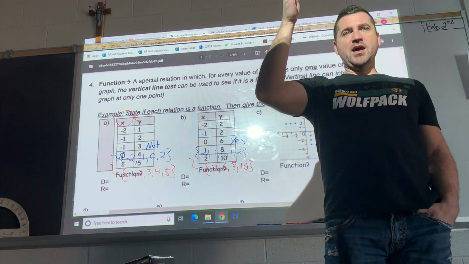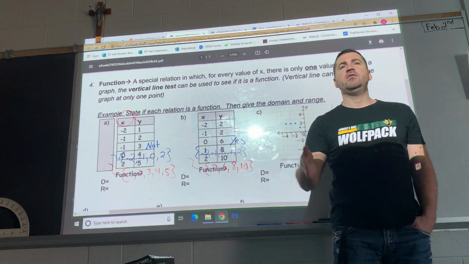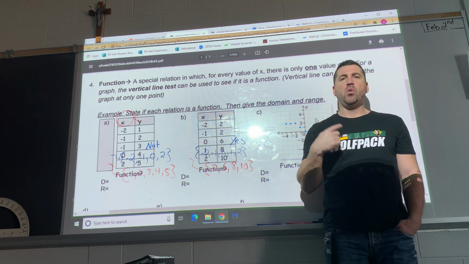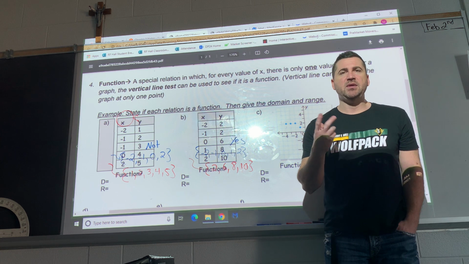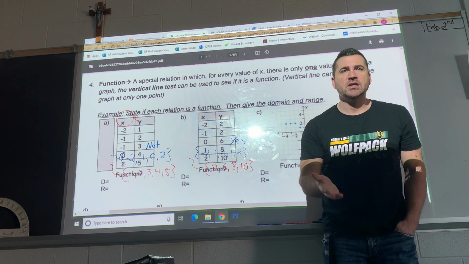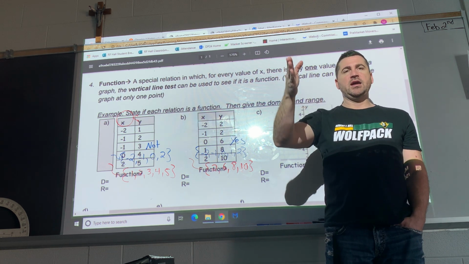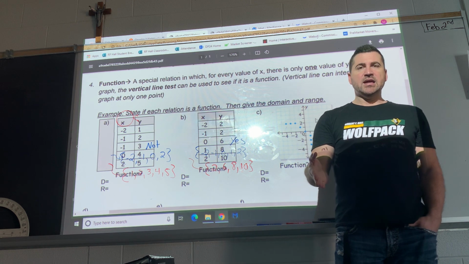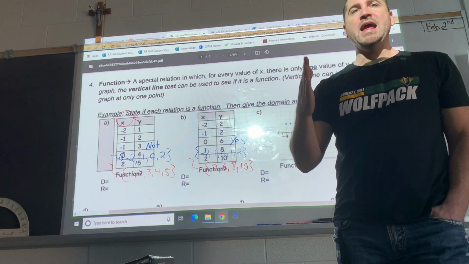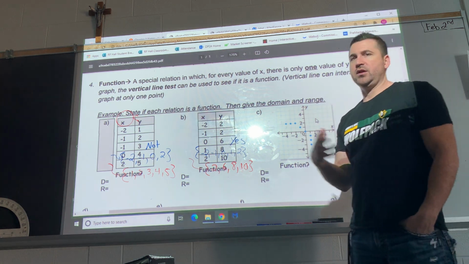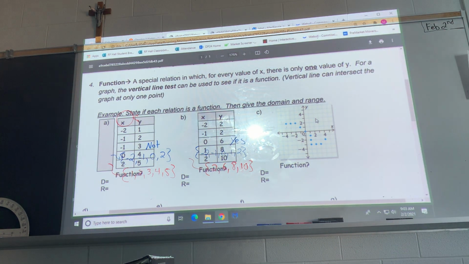If it touches the graph at more than one point, then it's not a function, because that means the X value will have two answers. If I could draw a vertical line and it only touches one point, then it is a function. And we could draw that vertical line anywhere on the graph. I'm going to show you with some examples.